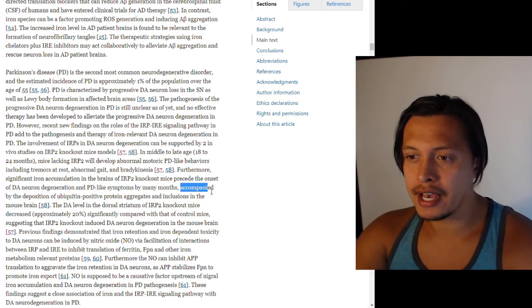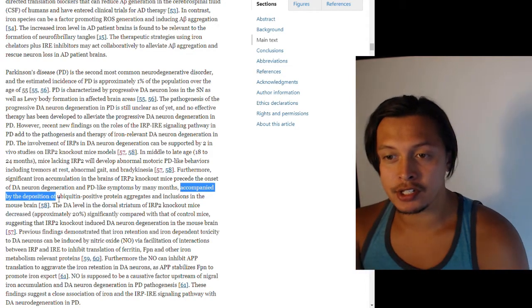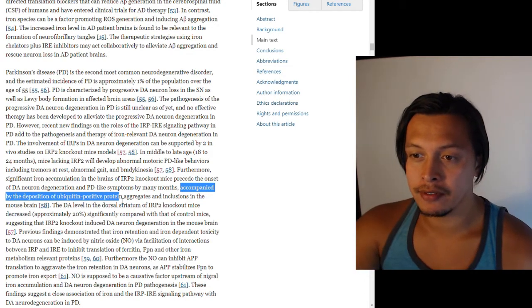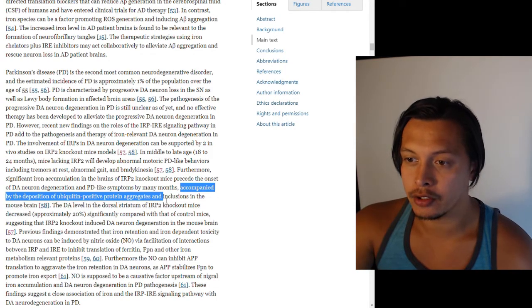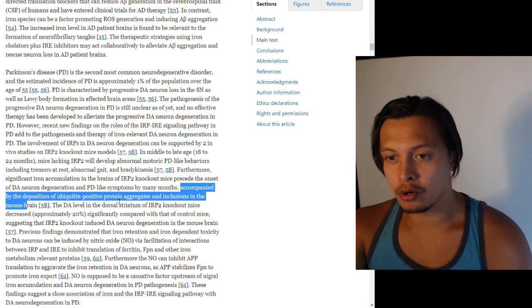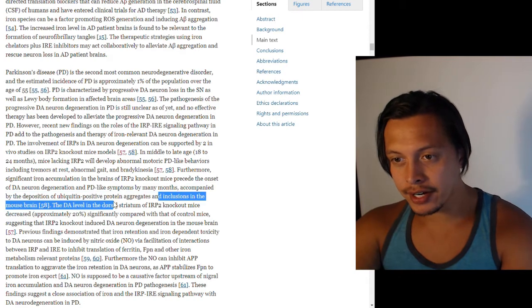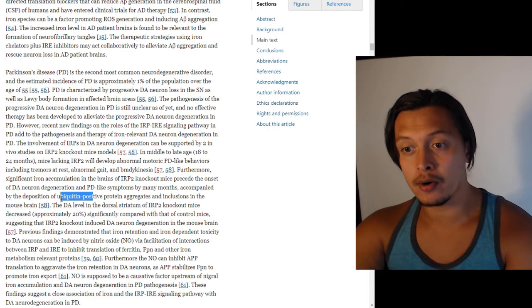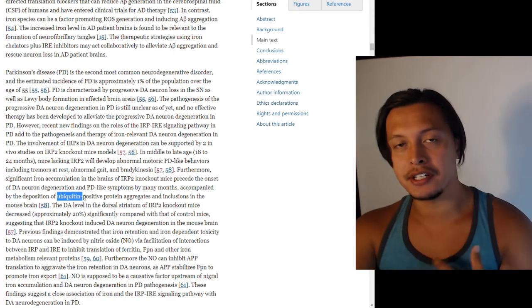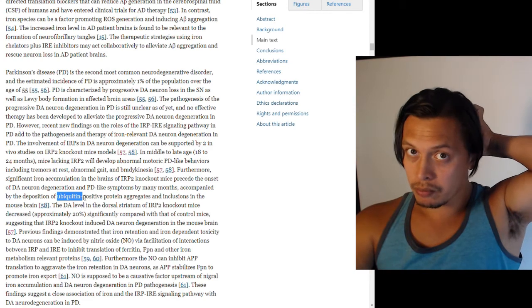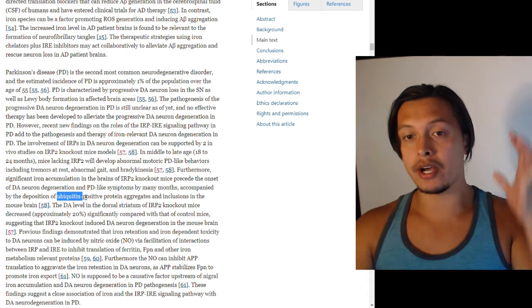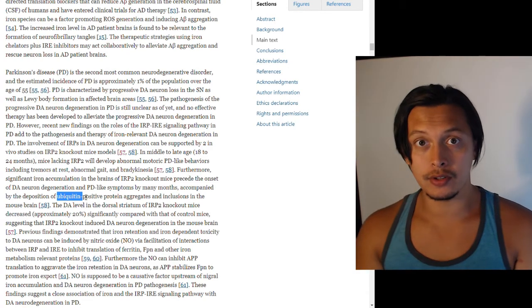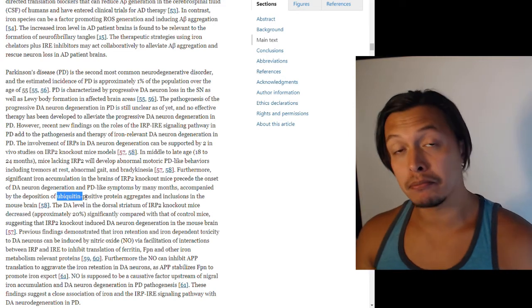Anyways, this is all accompanied by the deposition of ubiquitin-positive protein aggregates and inclusions in the mouse brain. So we're finding these protein aggregates, and they're ubiquitin positive. So that means they've been ubiquitinated. If a protein is ubiquitinated, that can be used as a way to signal to the cell where that protein needs to be put.